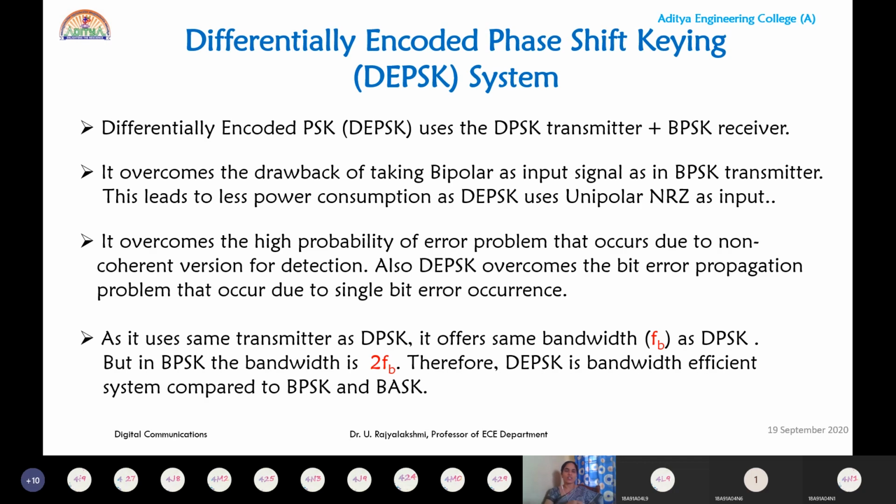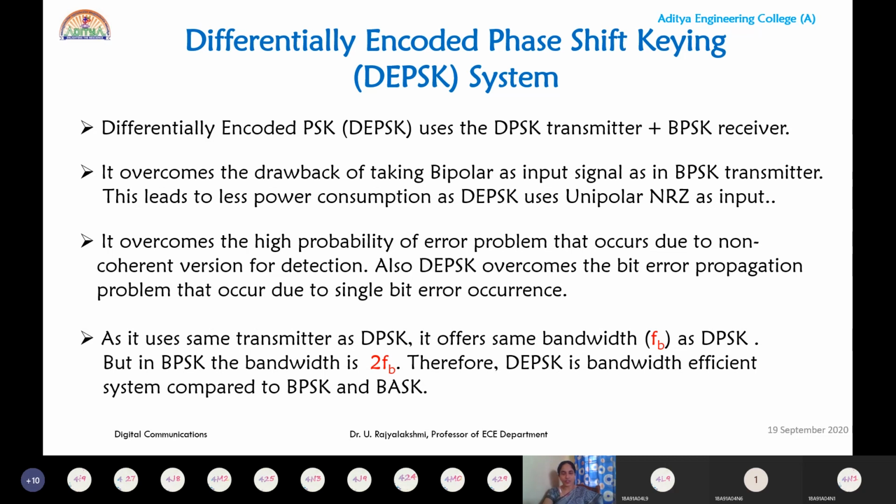Now please all of you observe the corresponding slide which is shown here. In this we mentioned a few drawbacks of DPSK as well as BPSK, and those drawbacks we can overcome using DEPSK. Please observe the first point. Already I told you that you can state the DEPSK system as a combination of DPSK transmitter and BPSK receiver.